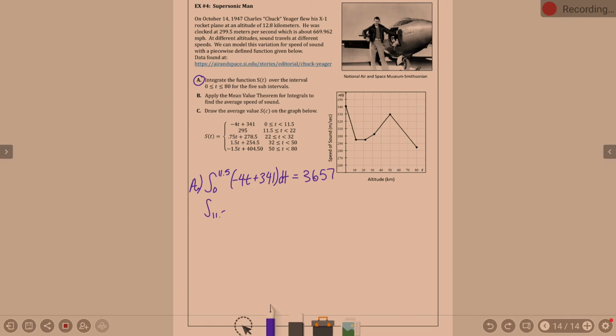Interval of 11.5 to 22 of 295. That one wouldn't be hard to do by hand. What do you get?